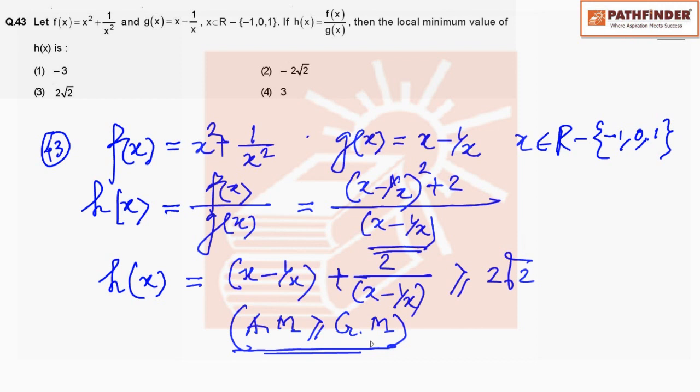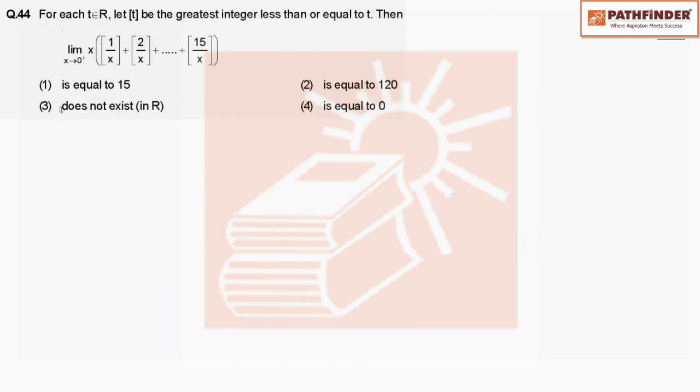Because unless it is positive, the local minimum value of hx is not possible. So we are using AM greater than or equal to GM. So our answer is 3. Mind it, we are following code number C question. Now is question number 44.